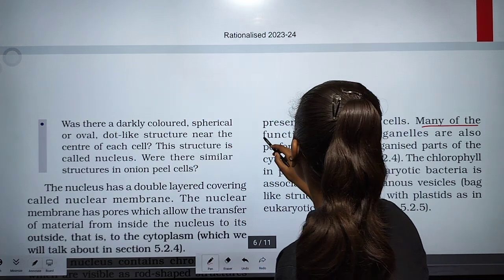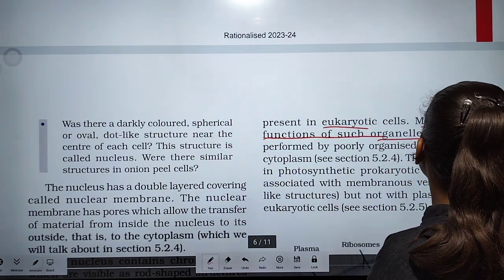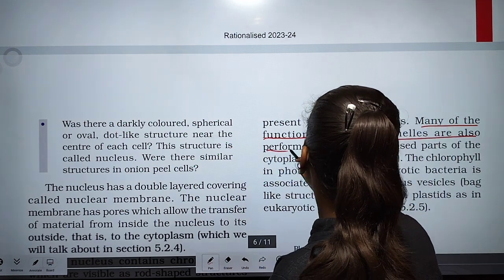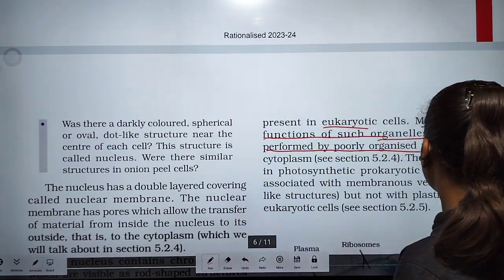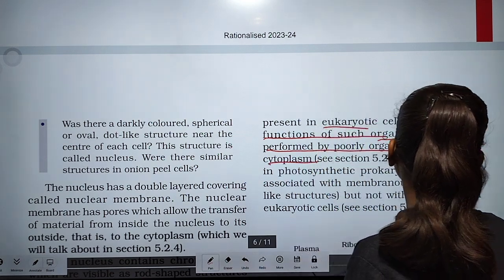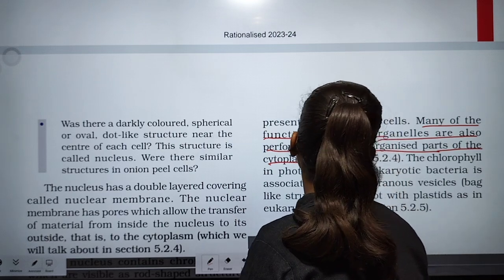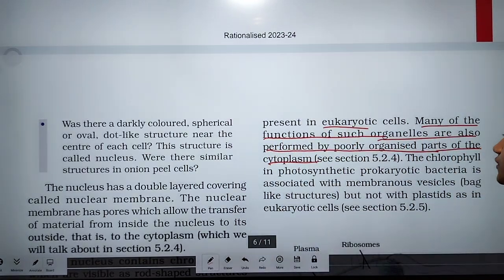Many of the functions of such organelles are also performed by poorly organized parts of the cytoplasm.